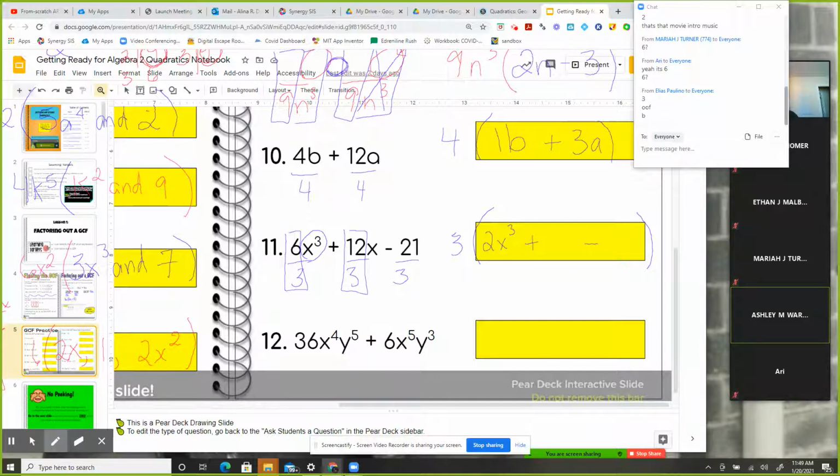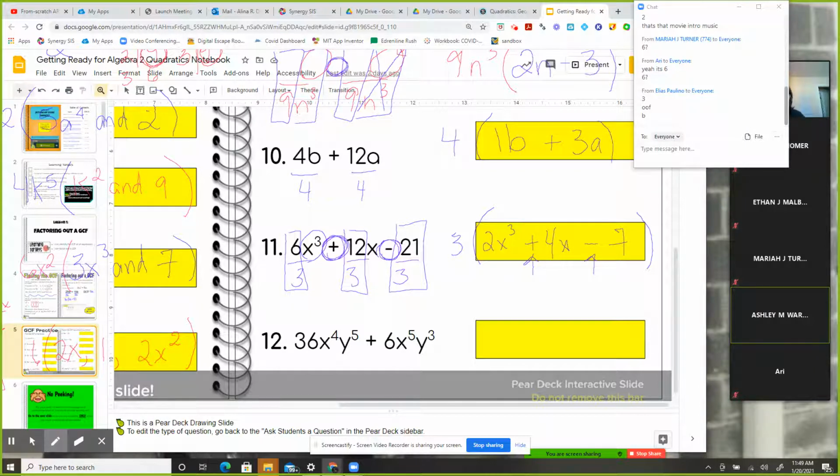What's my second term? 4. And then the very last thing, 7. Notice that my first operation was a plus and my second operation was a minus. And my first operation is still a plus and my second operation is still a minus. Those are not going to change unless you take out a negative sign, which we're not practicing right now.